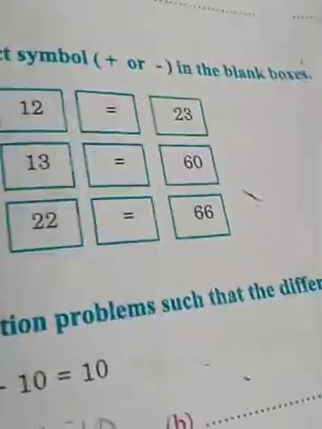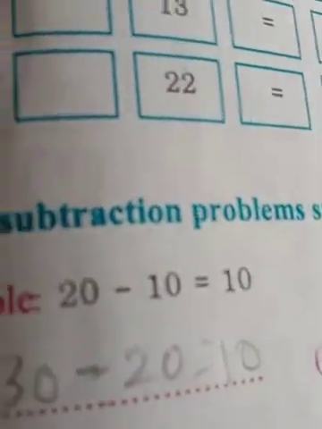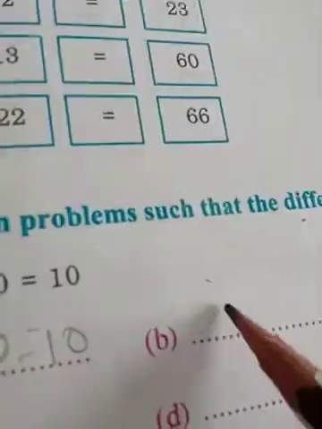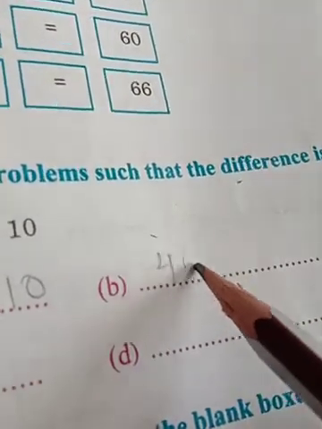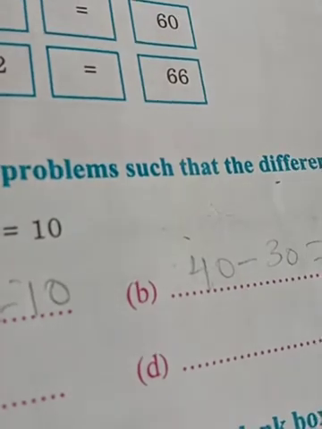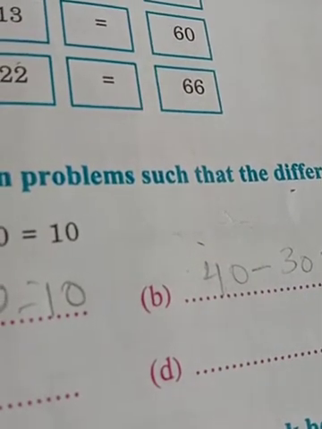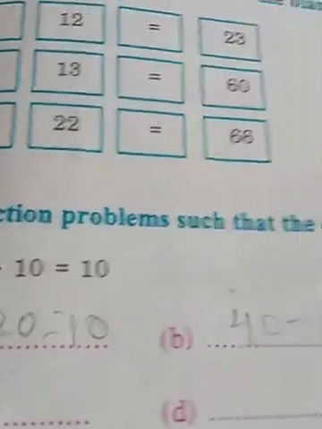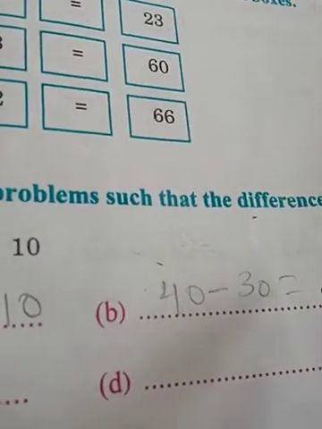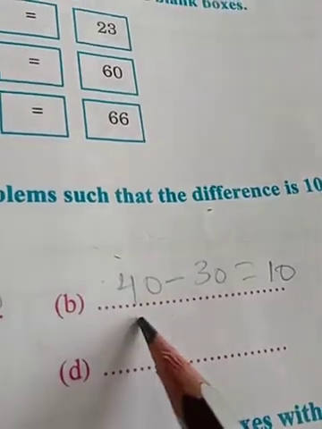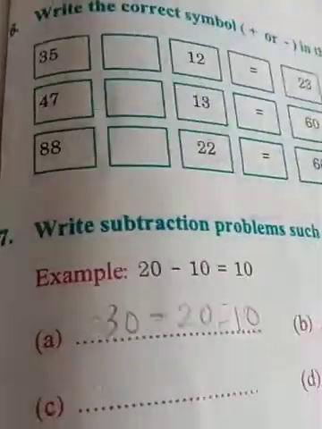Next, same like this, we will take a number. Say 40 minus 30. In all of these, tens place numbers only, the difference is 10 only. 40 minus 30: 0 minus 0, 0. 4 minus 3, 1.